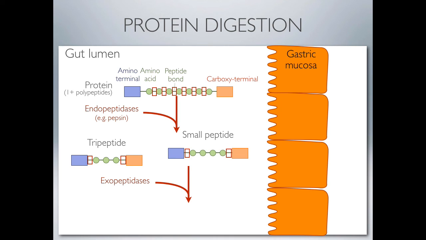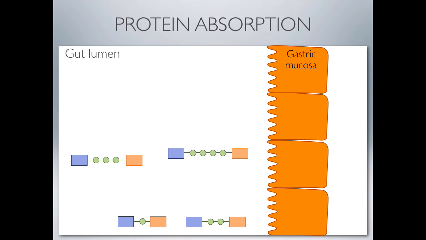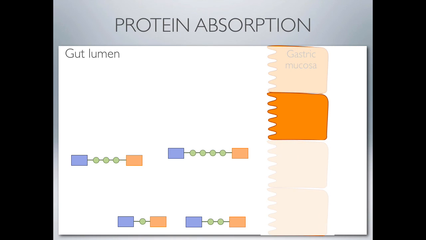So that's cleaving these outer bonds so that you end up with amino acids and dipeptides. Okay, so all 4 of those, tripeptides, small peptides, amino acids, and dipeptides, can be transported. Can be absorbed.